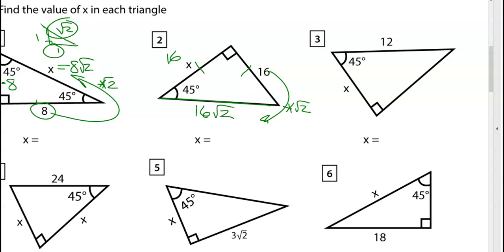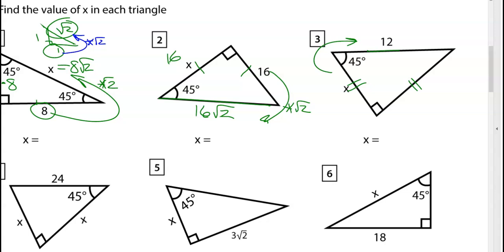Now, problem 3, we're given the hypotenuse, which is 12, and we're looking for one of the legs. If I'm going from a leg to the hypotenuse, we're multiplying by root 2. It's kind of like this triangle up here. To get from the 1 to the hypotenuse, I do 1 times root 2 to get to the square root of 2.